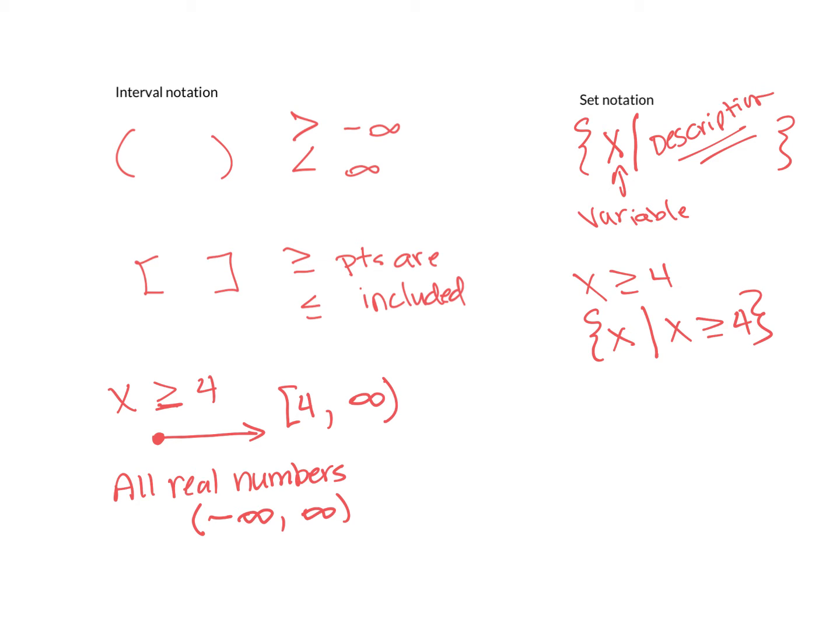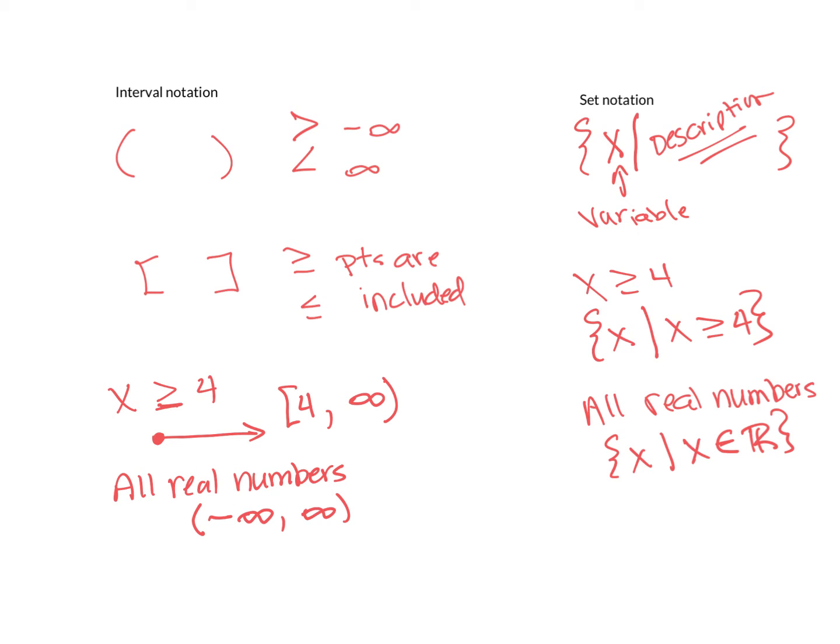All real numbers here is a little different because we actually have a symbol that means all real numbers. So we would say x, then we would do almost like an E, and then the symbol for all real numbers. Mathematics has its own symbolism, just like learning any other language.